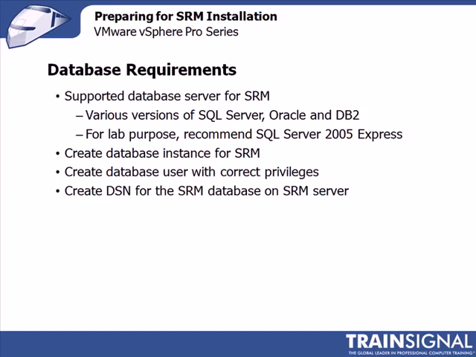In this case, the SRM server will live on the same server as the vCenter server, so we'll have to be a little bit careful, especially as we let those databases be on the same server. With that, let's dive in to the demo of the database setup for SRM.